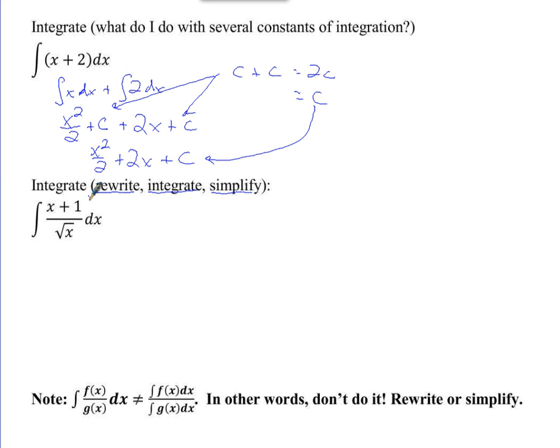Split it. I don't know why you guys are having such a hard time with splitting, but we want to split this. So I'm going to rewrite this as the integral of x over the square root of x dx, plus the integral of 1 over the square root of x dx.